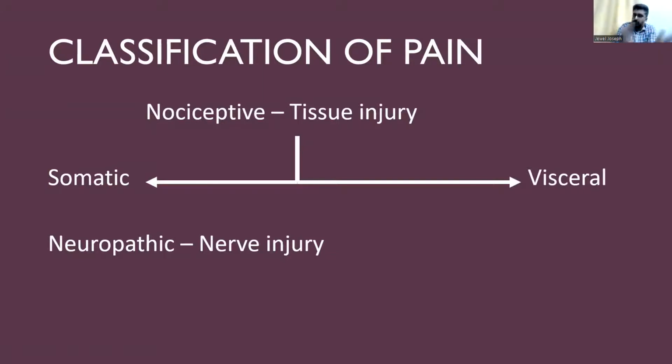So this is the very broad classification of pain. Nociceptive pain can again be divided into somatic and visceral. Somatic will be the soft tissue and bone. Visceral will be the viscera. These two are differentiated because they have certain specific characteristics. Neuropathic obviously is associated with nerve injury, as we mentioned earlier.